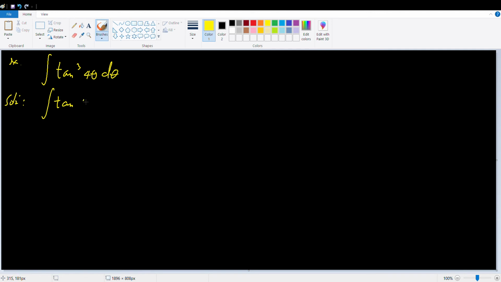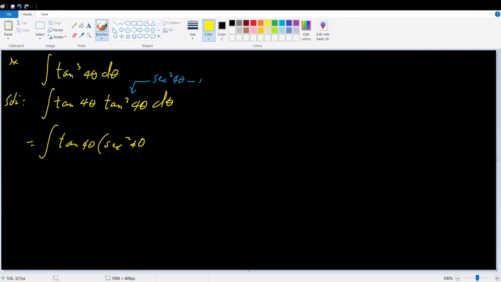We write tangent 4 theta, tangent squared 4 theta d theta, and replace tangent squared by secant squared 4 theta minus 1. So tangent 4 theta, secant squared 4 theta minus 1 d theta.